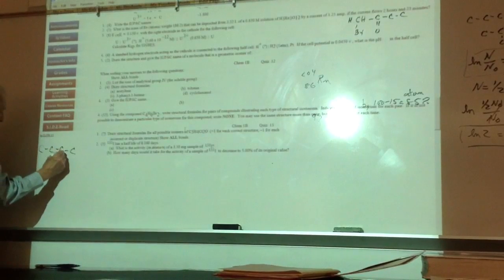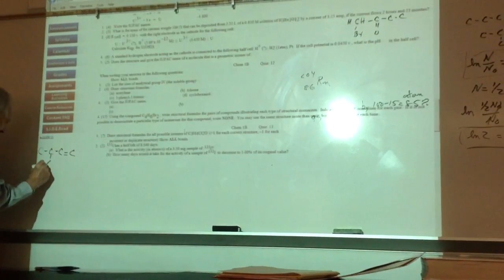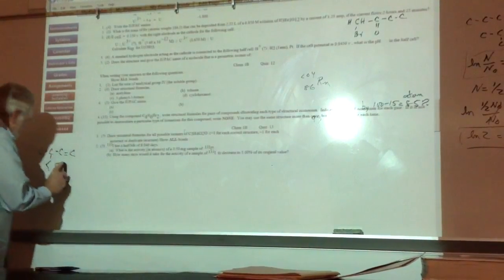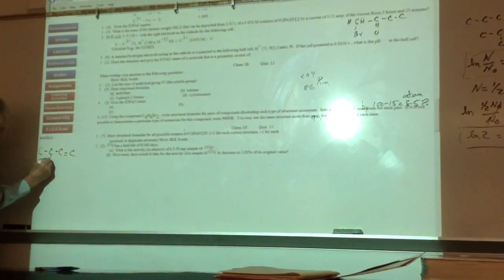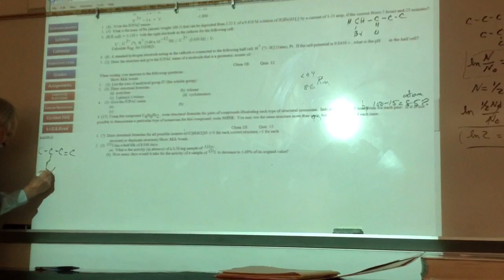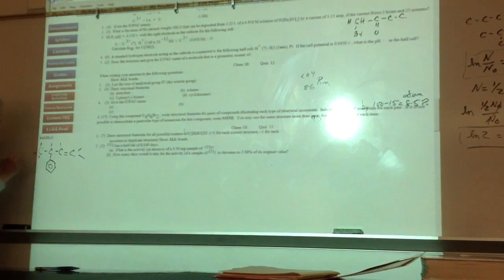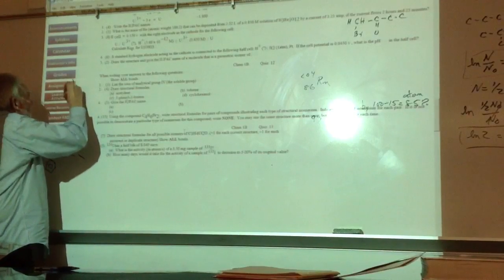This is 1-butene. Okay, so there's 1-butene, 3-phenyl as the substituent. What happened to the OH? There is none.